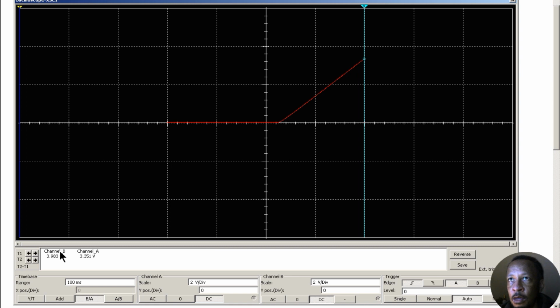Whatever's in this first spot here, it's labeled as channel B, but it's actually the first channel, channel A. So basically it's more like this is your horizontal axis, and this is your vertical axis, and that's the better way to interpret that.